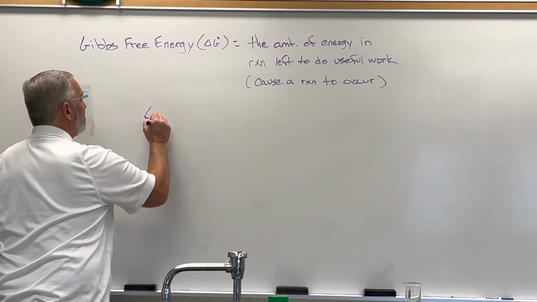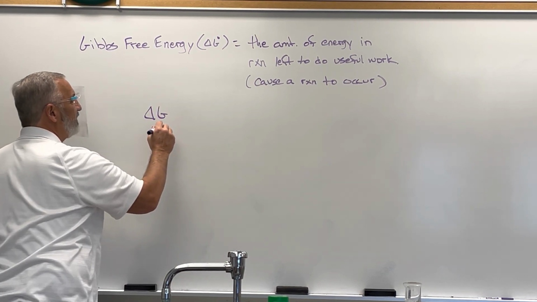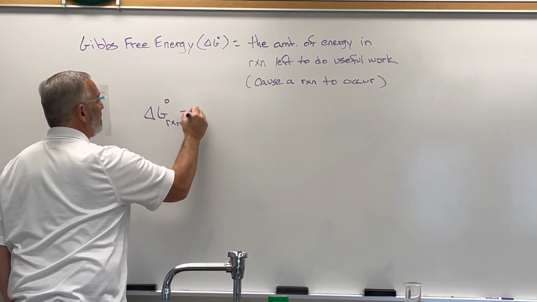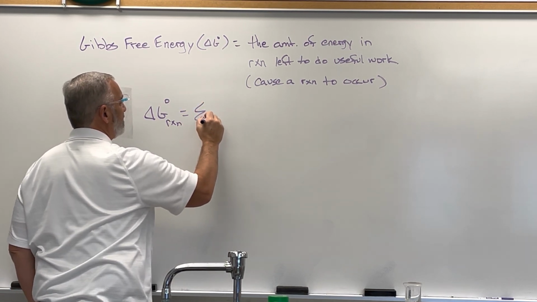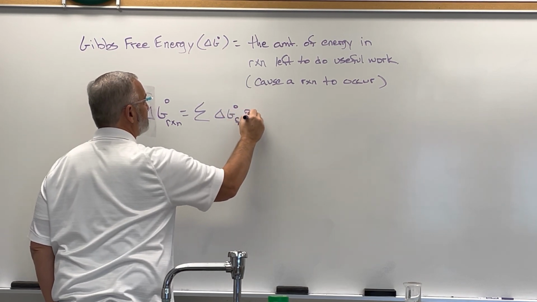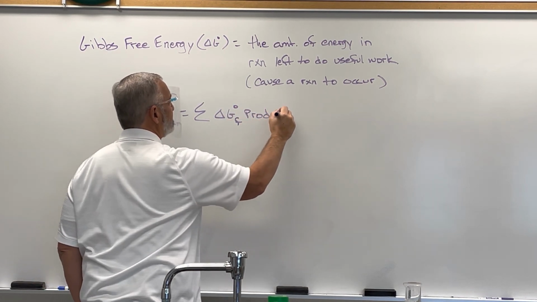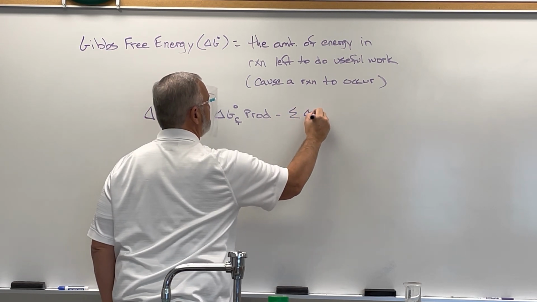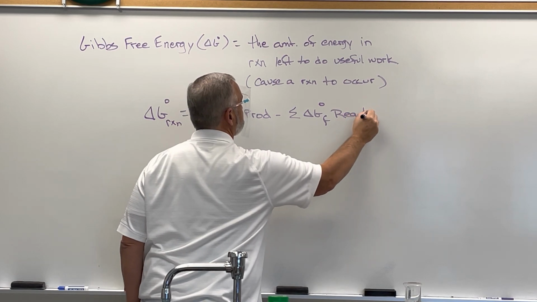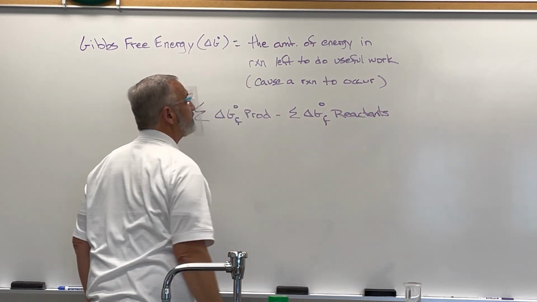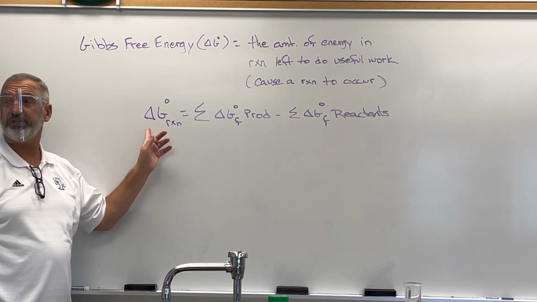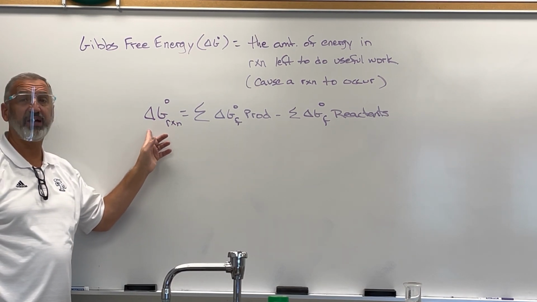Delta G can be calculated by a very creative formula: delta G of formation of products minus the sum of the delta G of formation of reactants. If we just wanted to straight up calculate delta G, these values are found in Appendix C, page 1100. The table has all three values.